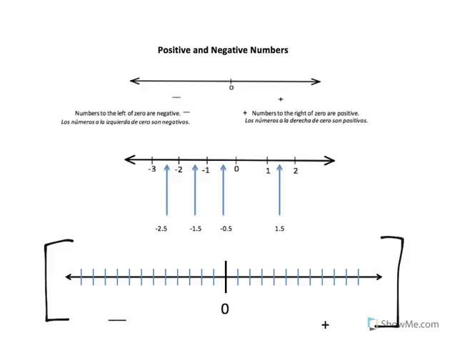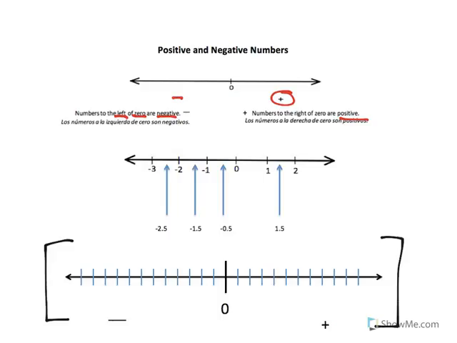Podemos poner cualquier número entero en la línea numérica. Numbers to the right of 0 are positive. Los números a la derecha de 0 son positivos, and numbers to the left of 0 are negative.